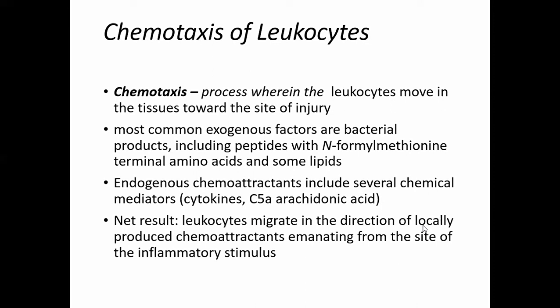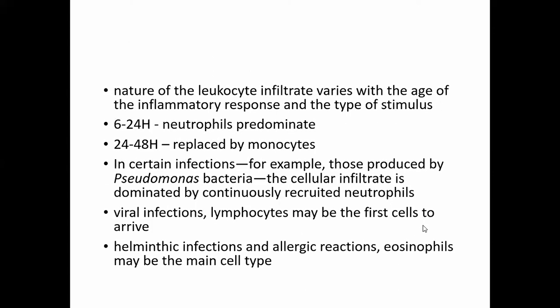All these chemotactic agents bind to specific seven-transmembrane G protein-coupled receptors on the surface of the leukocytes. The net result is that the leukocytes migrate in the direction of locally produced chemoattractants emanating from the site of the inflammatory stimulus.